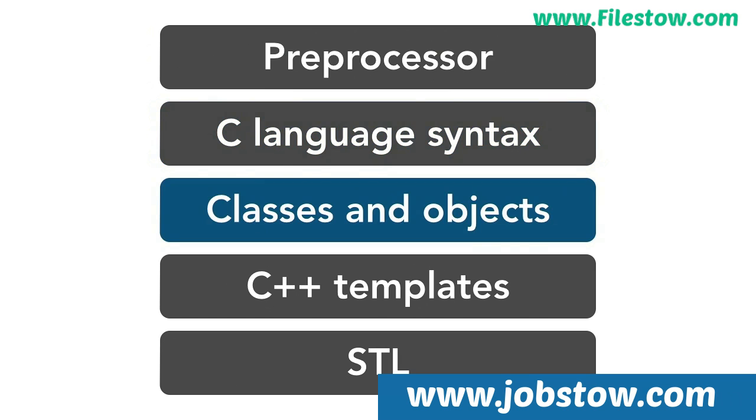C++ classes and objects are used for object-oriented programming, and C++ templates are used for generic programming. The C++ standard template library, the STL, provides a tremendous amount of common functionality. The STL, along with the C and C++ standard libraries, is part of the C++ standard.